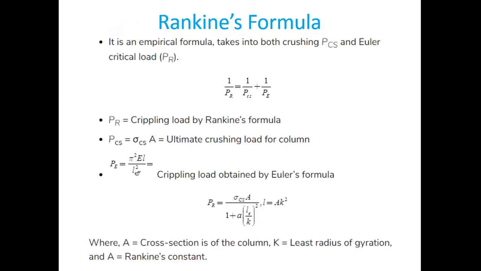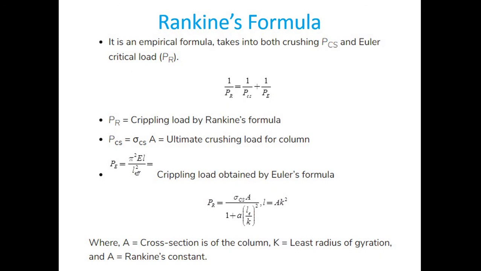So in order to overcome this limitation, we have Rankine's formula. Rankine's formula to find out the crippling load is PR equal to sigma Cs into A divided by 1 plus a into LE divided by K the whole square, where PR is the crippling load by Rankine's formula.